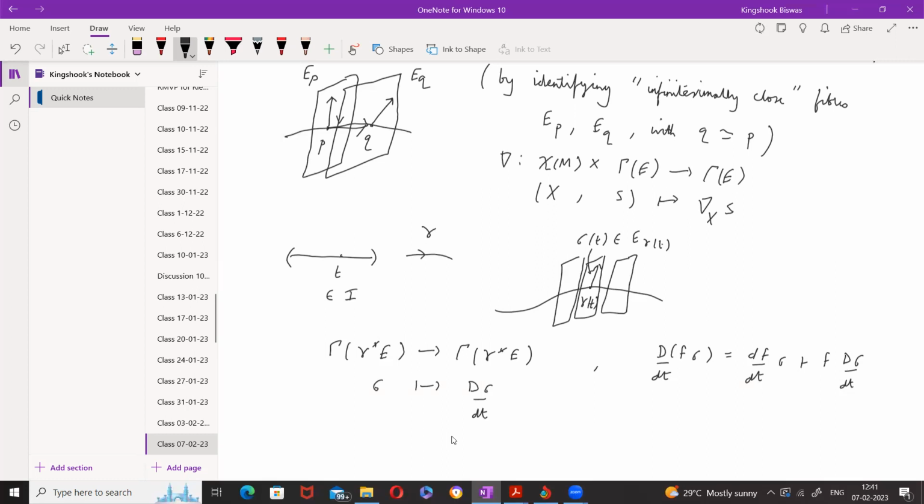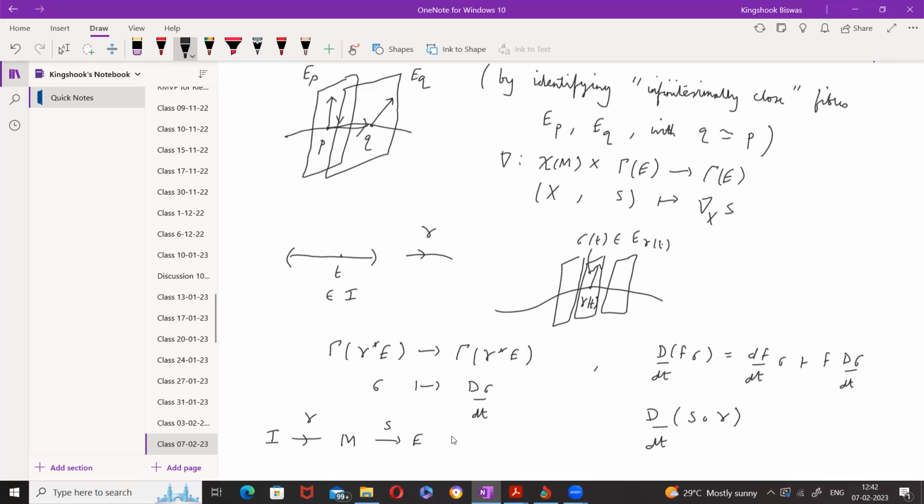Namely, if I take a section S composed with gamma, this will be a vector field along gamma, right? Because gamma is going from the interval I into M, and then my section S is going into the vector bundle.